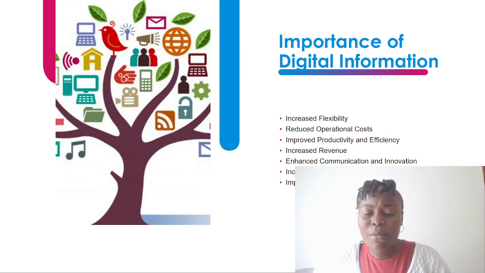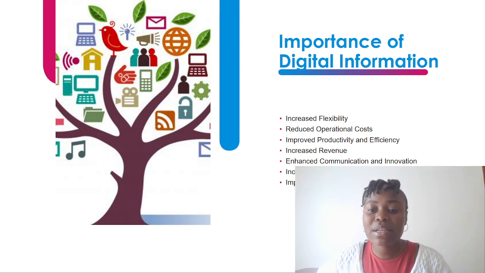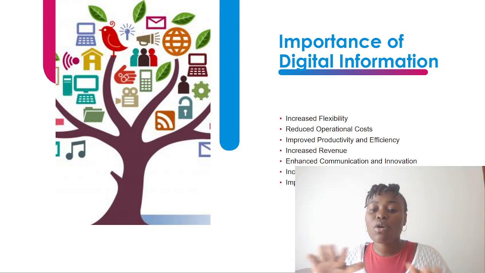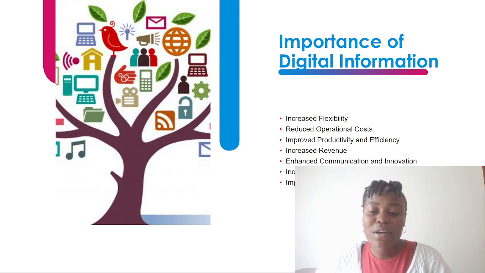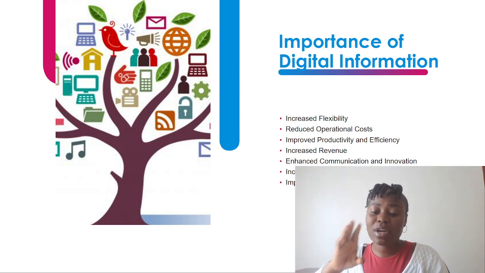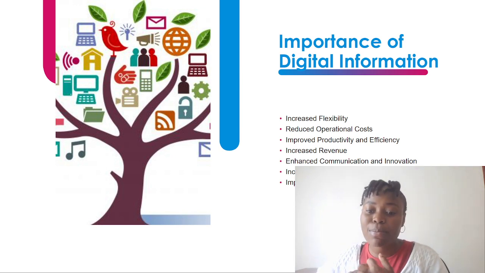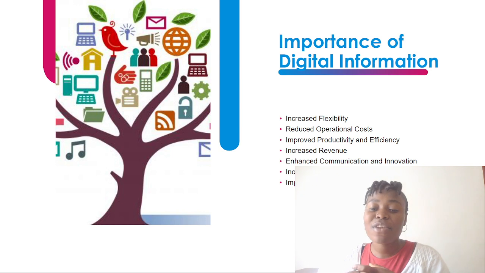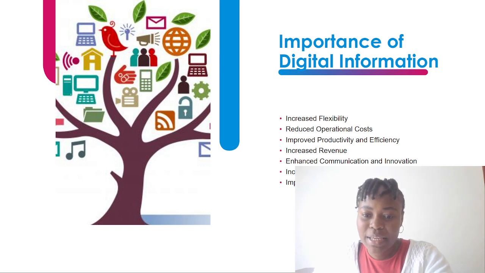With digital information, it can easily be disseminated across different platforms. For instance, on your website, you can share a copy on your social media platforms, or any other digital tool that allows you to share information, and many others.